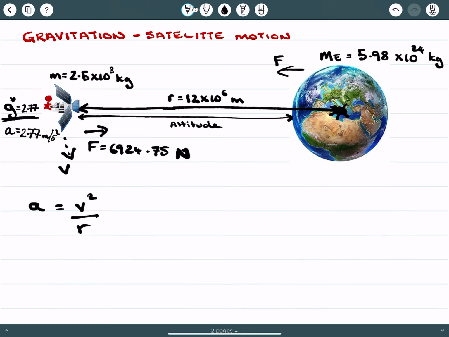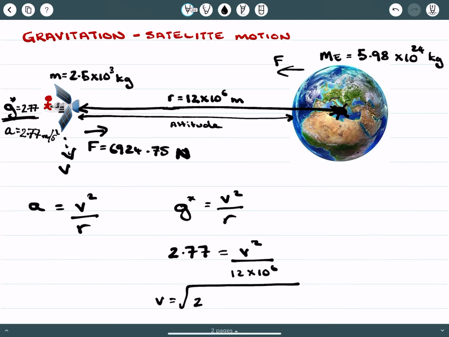So we would say g relative equals v squared on r, and we can say 2.77 equals v squared on 12 times 10 to the 6. v will end up equaling the square root of 2.77 times 12 times 10 to the 6.